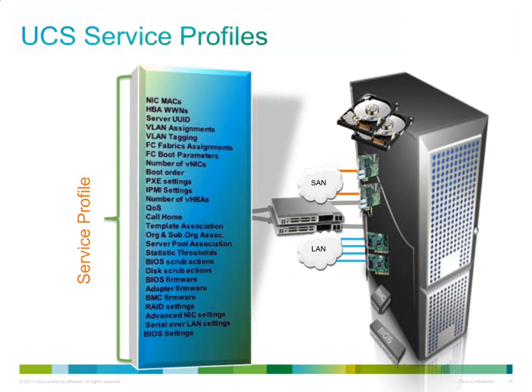It's essentially an XML file with all of the various parameters, attributes, and settings. We store that service profile for each server in our switching infrastructure in a database called UCS Manager.